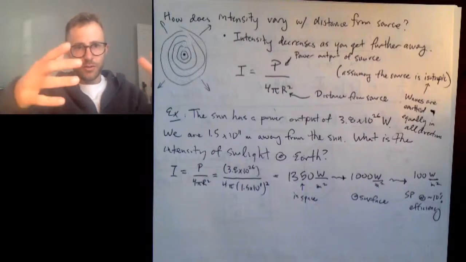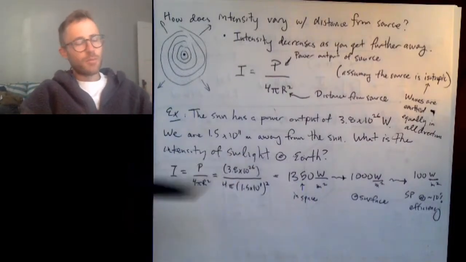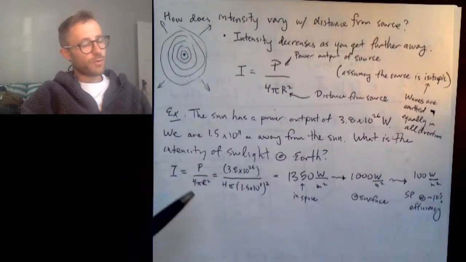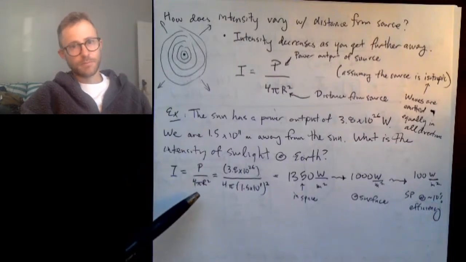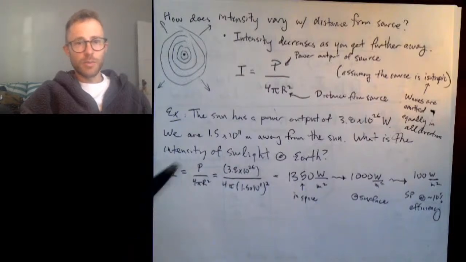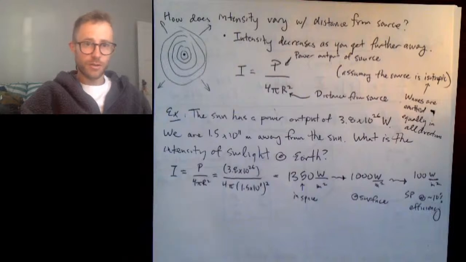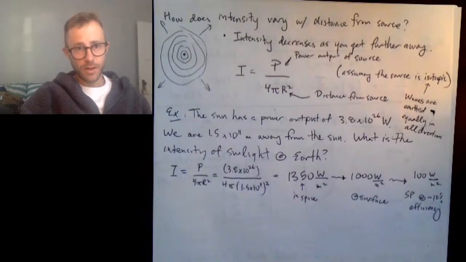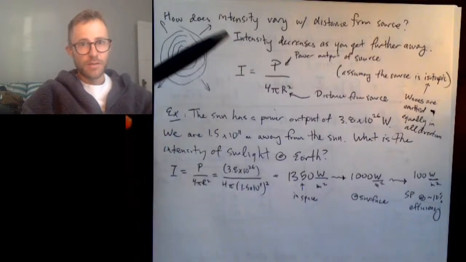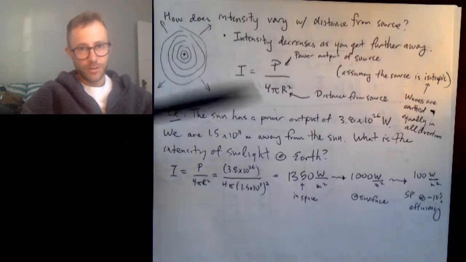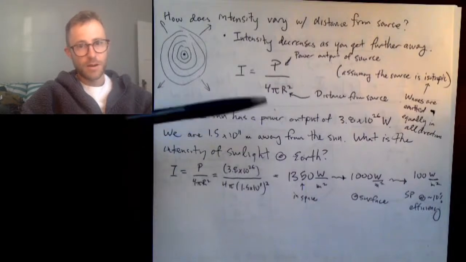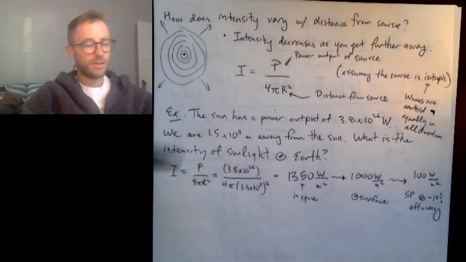Solar panels provide power, but because Mars is further away from the sun, a solar panel on Mars is not going to produce as much power as a solar panel on Earth because the intensity of sunlight is less at Mars. And if you have something that goes out even further, then solar panels aren't even all that useful anymore. Because you're so far away from the sun that the intensity isn't enough to really power anything.